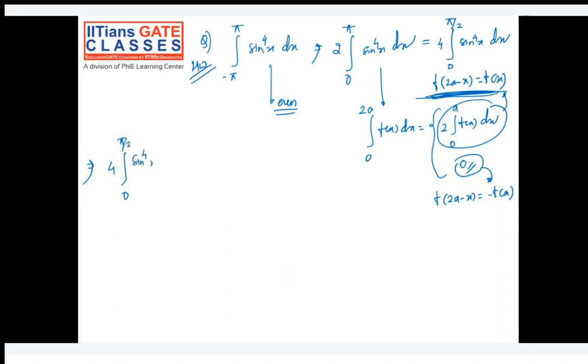It's even, so 3 by 4 into 1 by 2 into pi by 2. So 4 into 3 by 4 into 1 by 2 into pi by 2. This 4 will cancel. 3 pi by 4 is the answer. Okay.